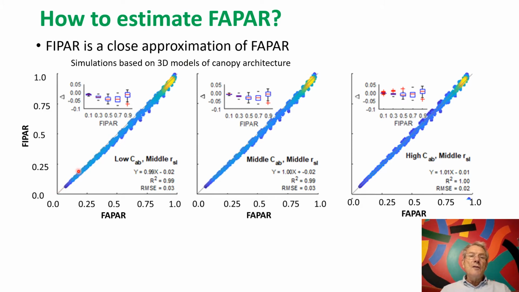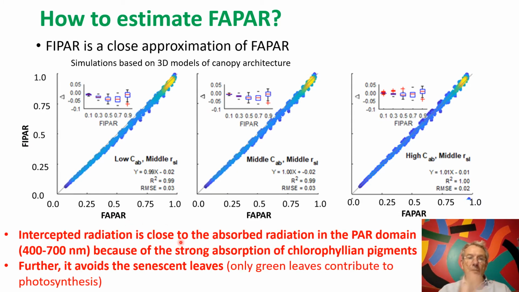The difference here is very small. This is due mostly to the fact that the leaves are strongly absorbing radiation because of the strong absorption of the chlorophyll and pigments.